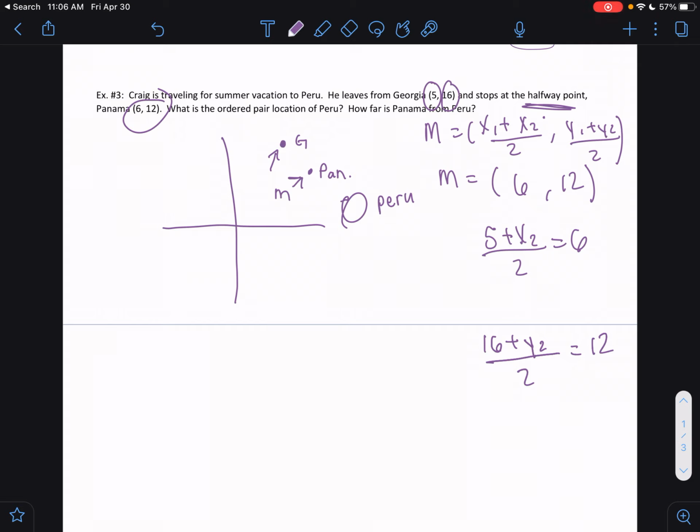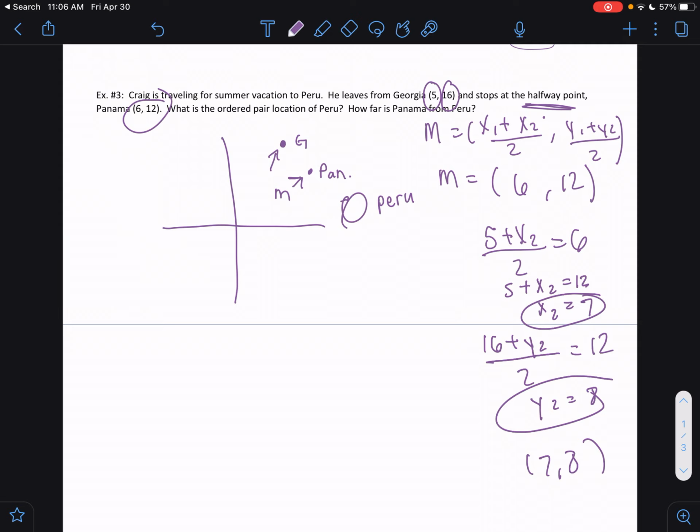So multiply both sides by 2. So x2 is 12 minus 5, so 7. And then y2. So take both sides by 2. 24 minus 16, which is 8. So 7, 8 is my point for Peru.